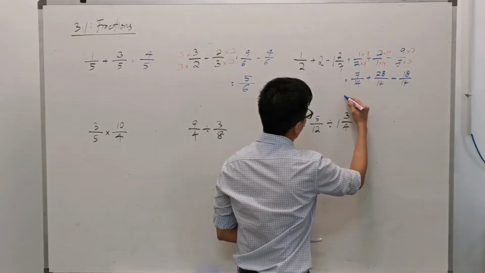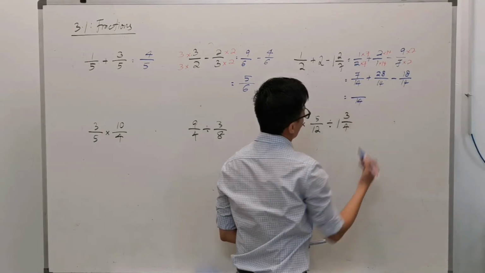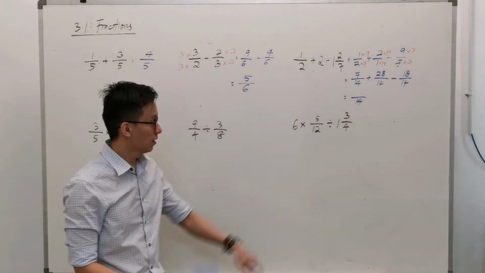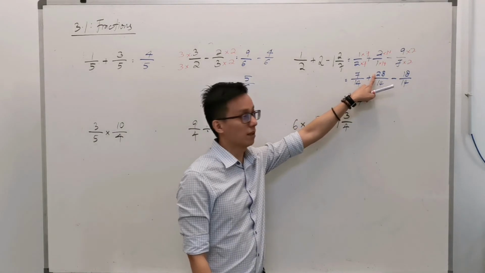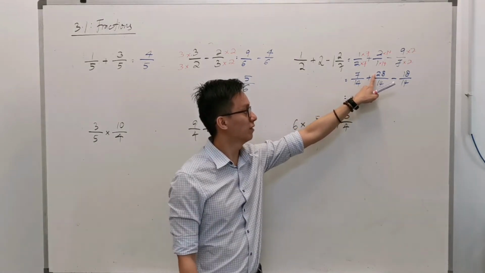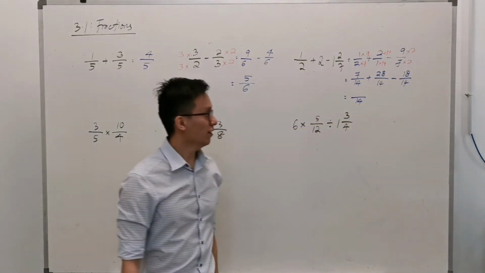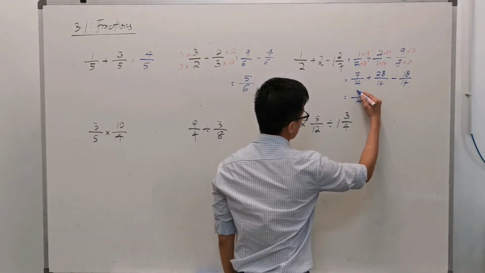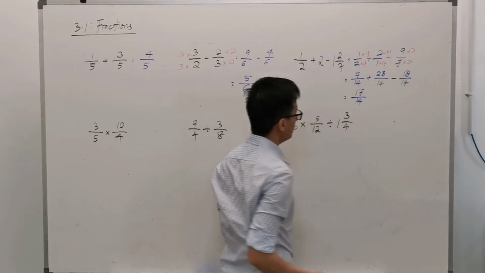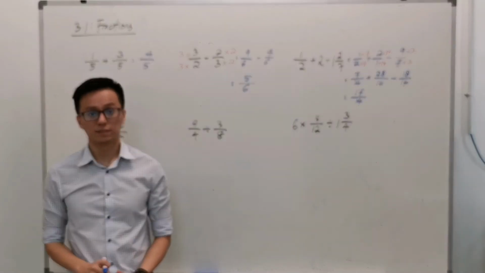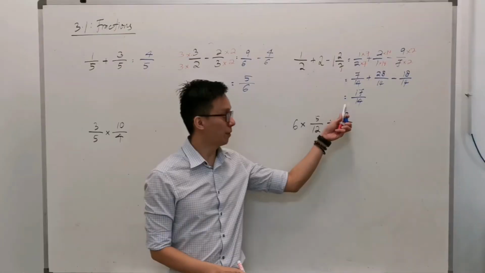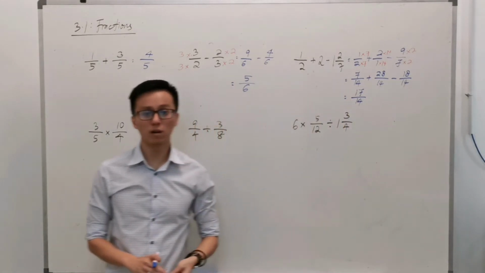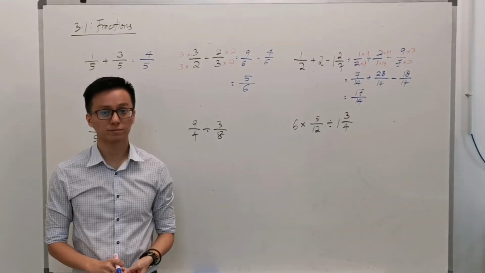So my final answer will be 7 plus 28, 35. 35 minus 18, I will get 17. So my final answer will be 17 over 14.